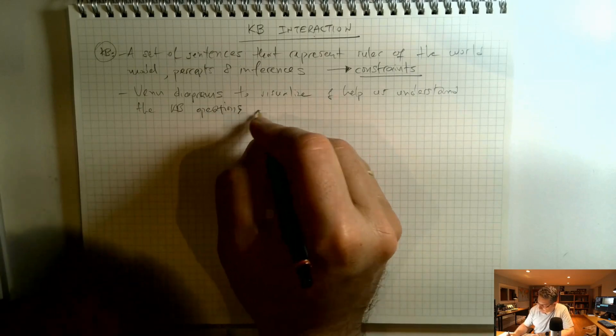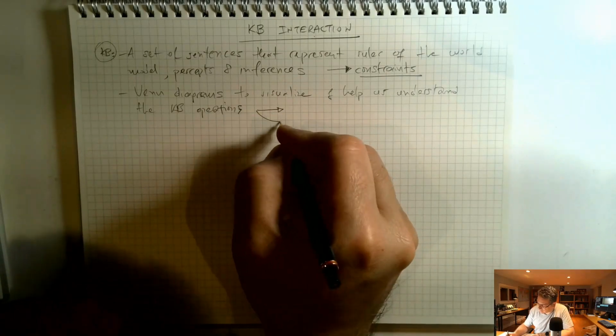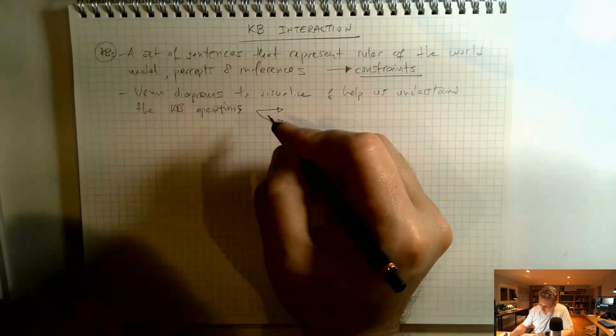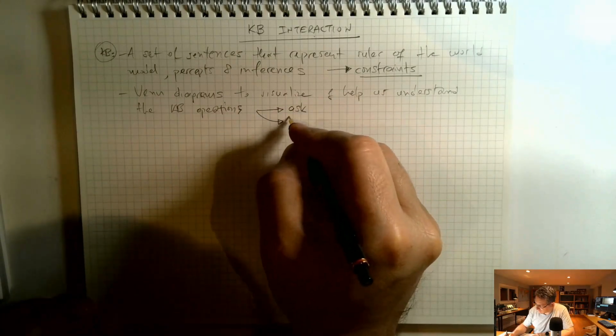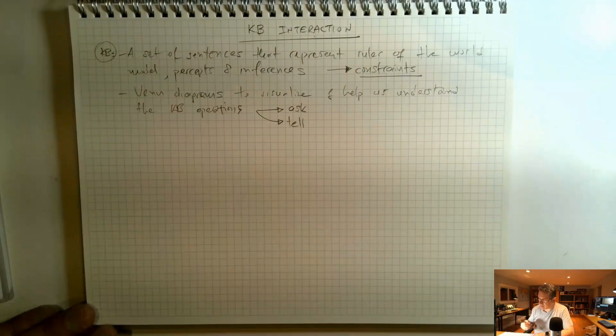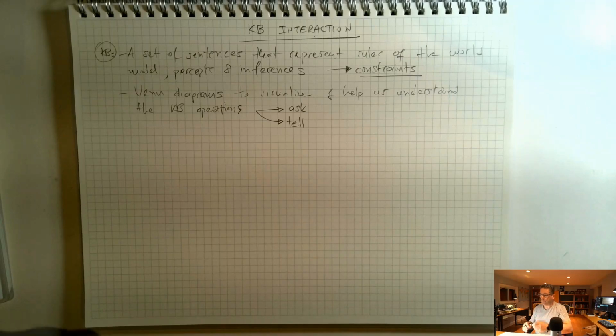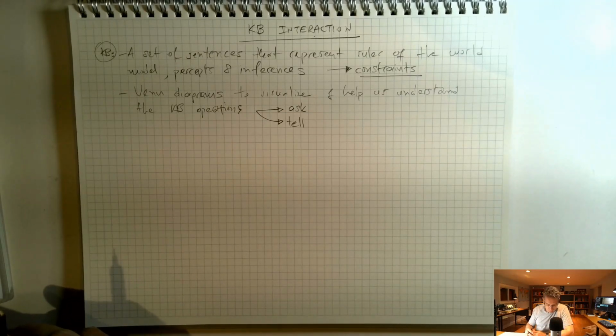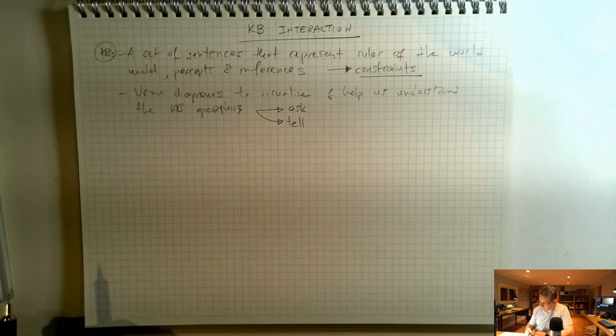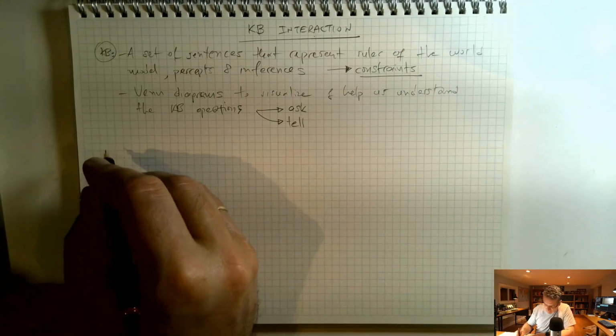These are two operations we'll be discussing, the so-called ask operation and tell operation. We ask the knowledge base about something, and we tell the knowledge base something that we know. So let me introduce the operations now.